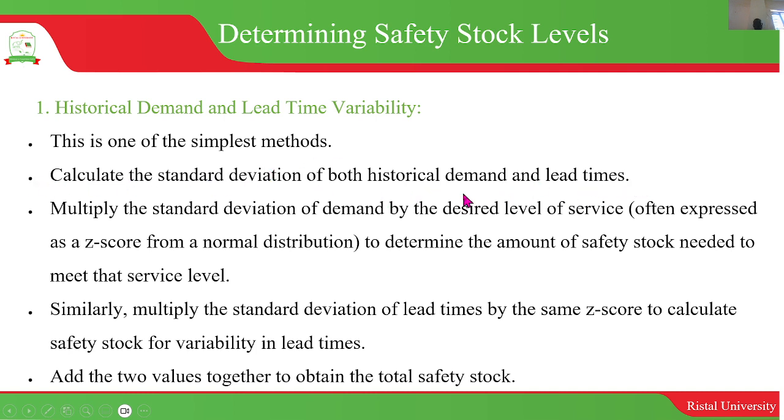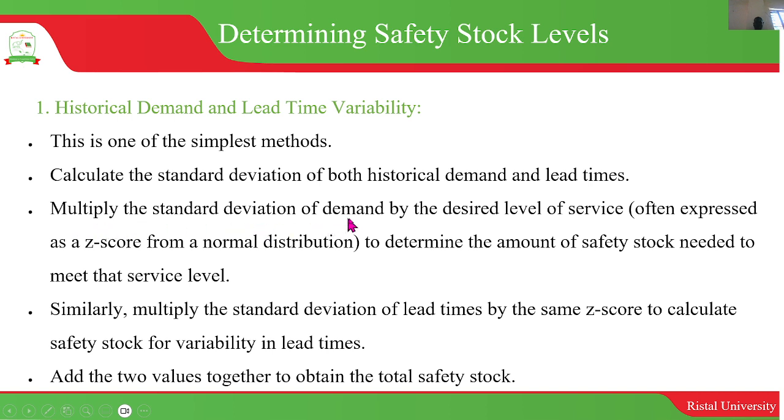So we already have our historical data, and what we do is calculate the standard deviation from the historical data and also from the lead times. These two should be enough to give us a better measure of what we really need to determine as our safety stock levels for the current period.